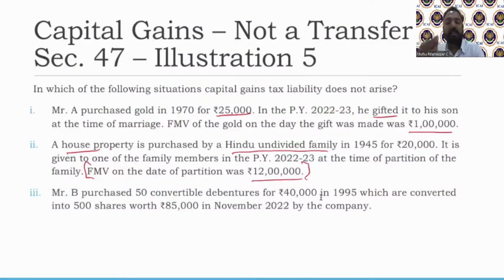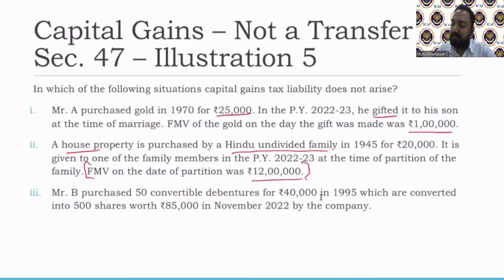All you need to know is whether the transaction is a transfer or not. Here it is a partition of the HUF. It can be a partial partition or total partition, but any partition is not a transfer under section 47. So this will also not be regarded as a transfer.